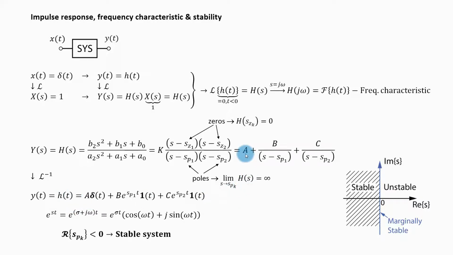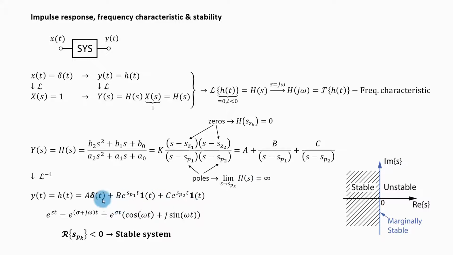This A I can imagine as A times 1, so the inverse Laplace transform will be A times the Dirac delta function. This is the Laplace image of this exponential, and this is the Laplace image of this exponential. And this whole expression is the inverse Laplace image of this expression.